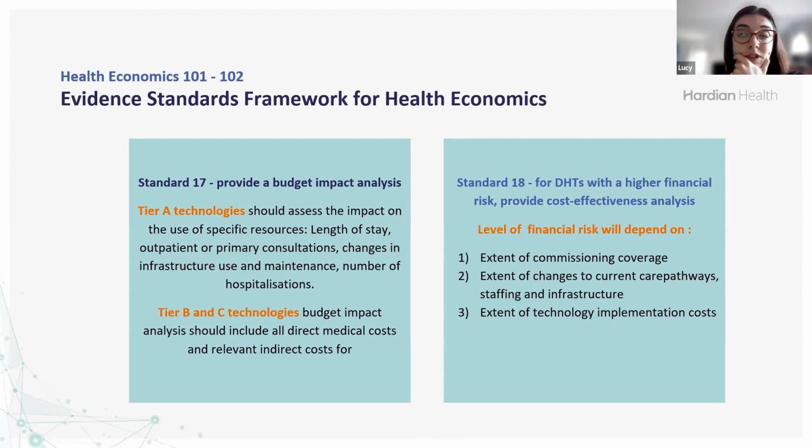And so that's why they are recommending that technologies that are going to be higher financial risk, i.e. likely to be more costly than the comparator, are the interventions that are going to require cost effectiveness analysis. But other than that, a budget impact model will be sufficient.